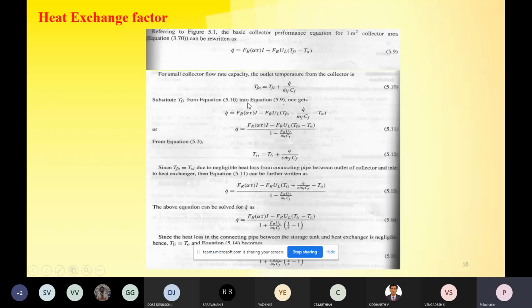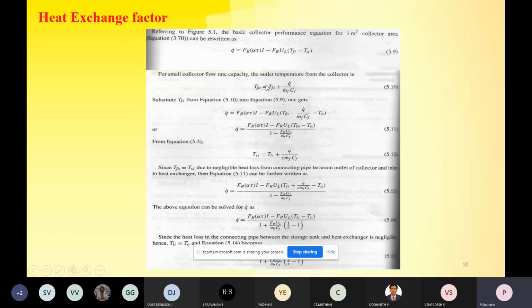So in equation 5.10, when you substitute the value of Q dot as given in equation 5.9, you get Q equal to F for alpha tau I minus F for UL (TFO minus Q dot by m dot F CF minus TA).